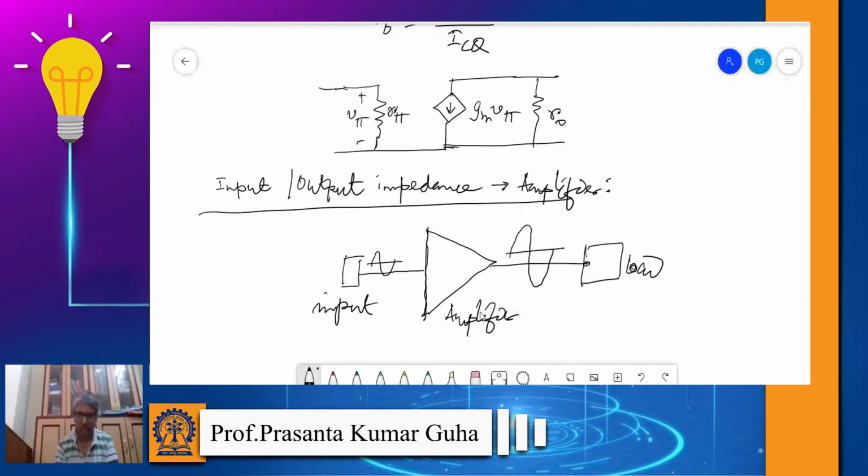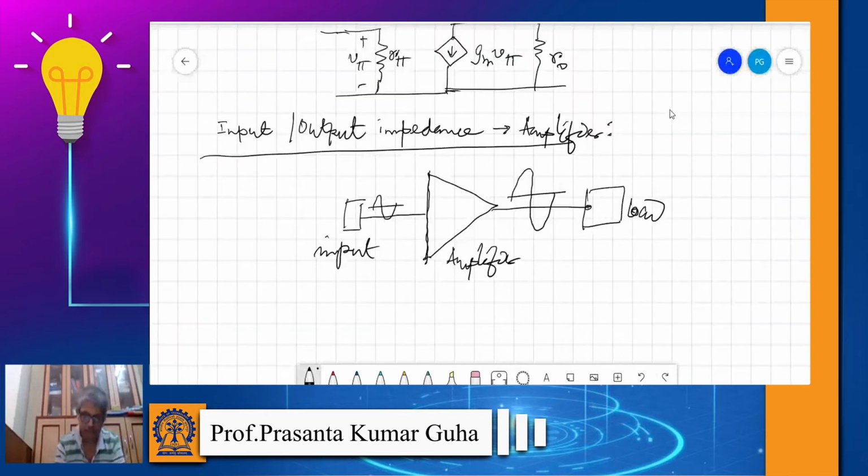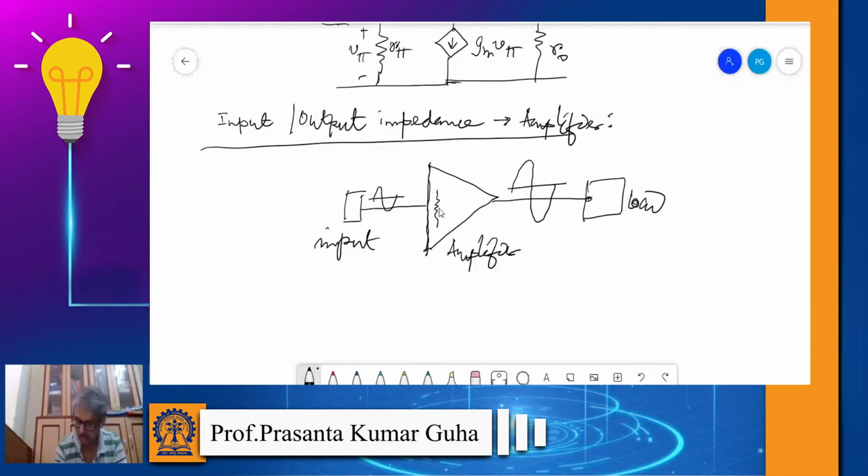As it is a voltage amplifier we are discussing, the input impedance ideally should be infinite, okay, because otherwise it will load the system which it is interfacing.